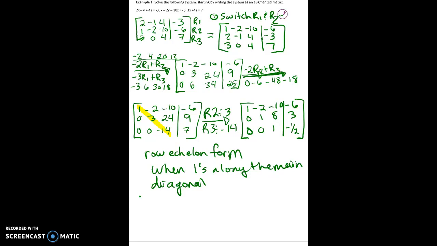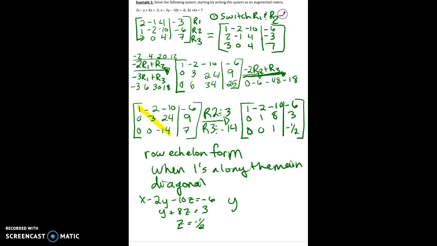So this is x minus 2y minus 10z equals negative 6. And we have y plus 8z equals 3. And z equals negative 1/2. So now we're just going to do that back substitution. The negative 1/2 goes in for z.